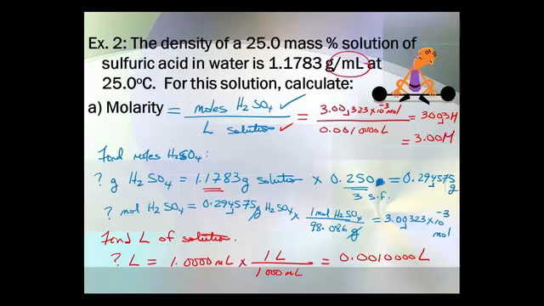Answering it to the right significant figures gives us 3.00 molar solution, or we can write it as 3.00 moles per liter. Either answer would be correct.